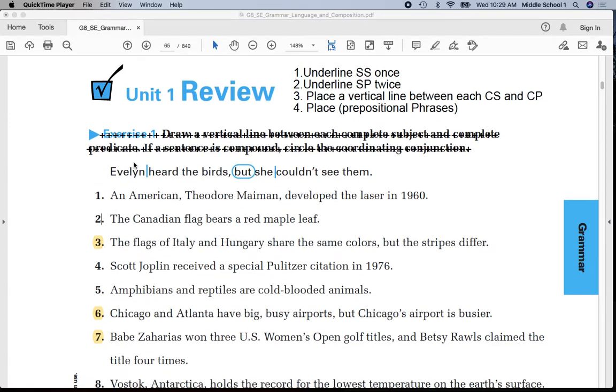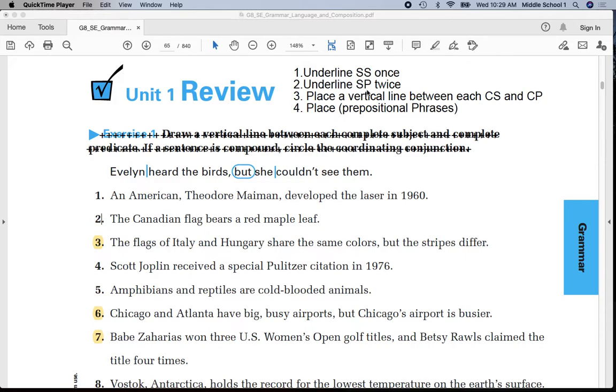So, each sentence is going to have at least one simple subject. It's going to have at least one simple predicate. And it's going to have an opportunity to divide the complete subjects and complete predicates.